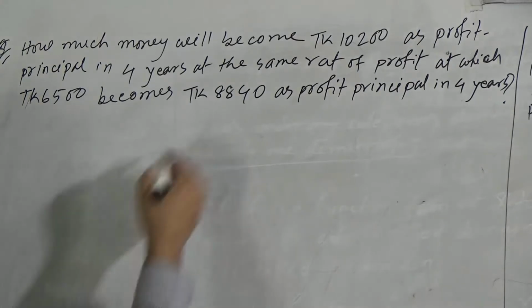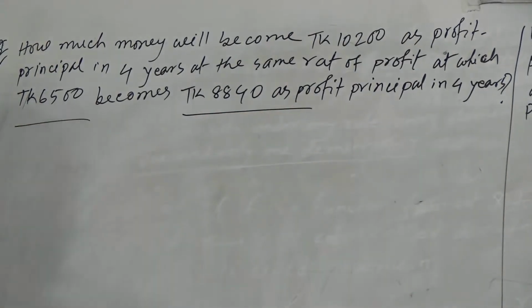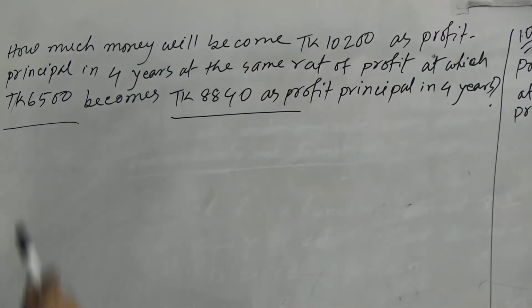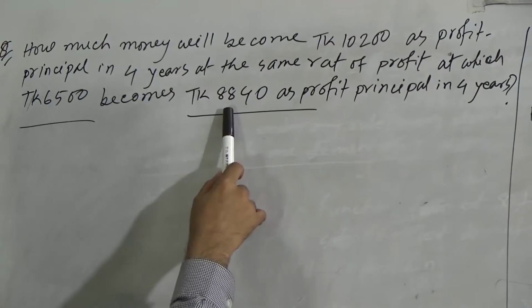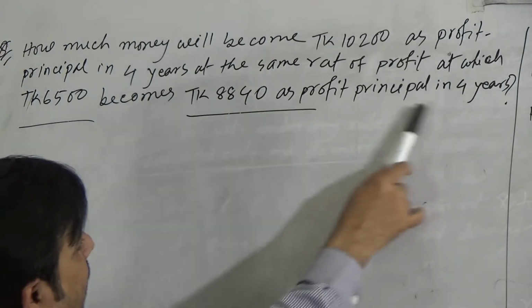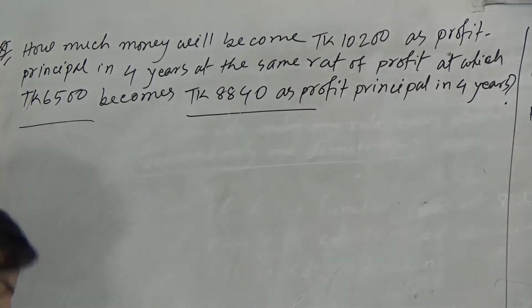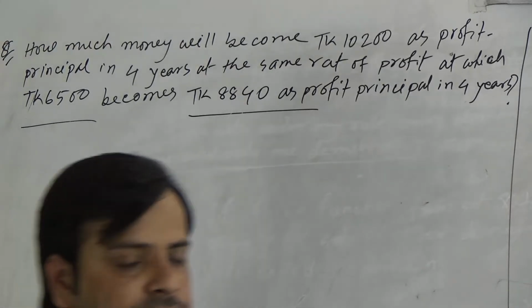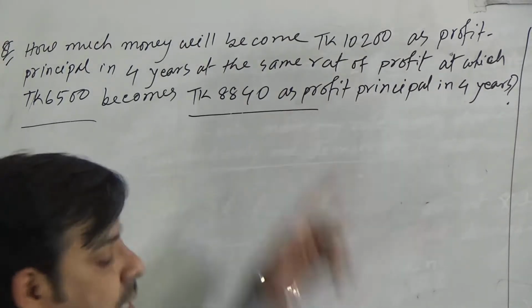The rate is considered in the second case here. In the case of principal 6,500 taka, when the profit principal is 8,840 taka in 4 years, in that case we will get our rate of profit. Using that rate of profit we have to determine the principal in the first case.